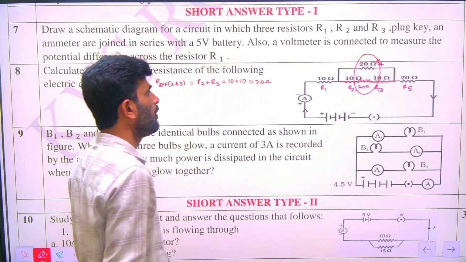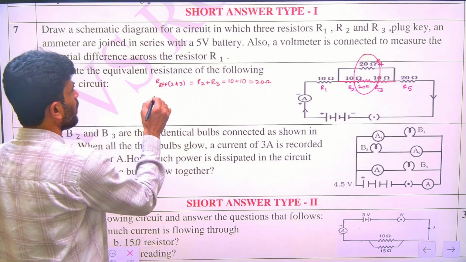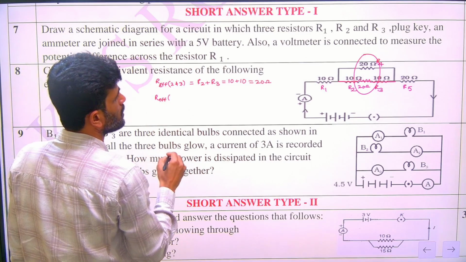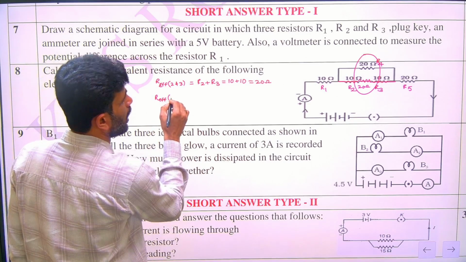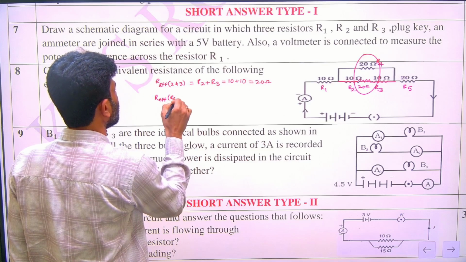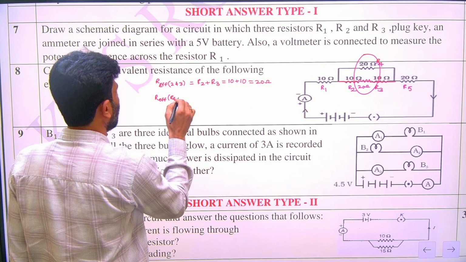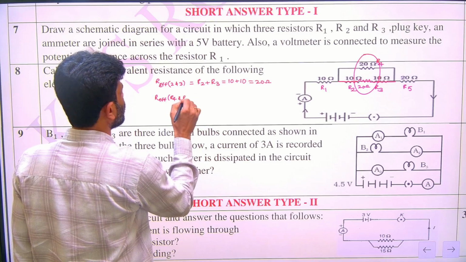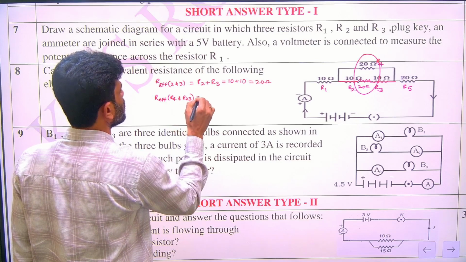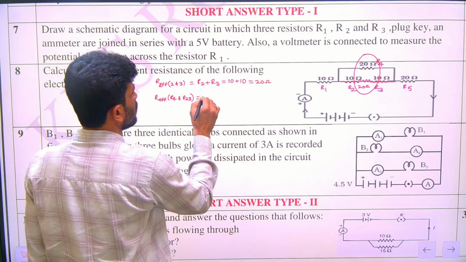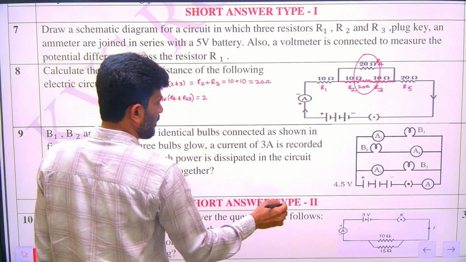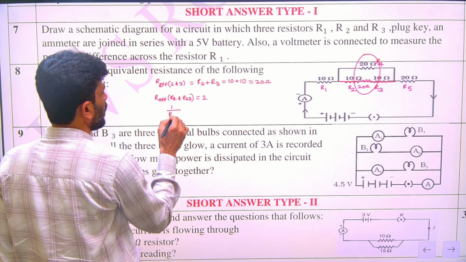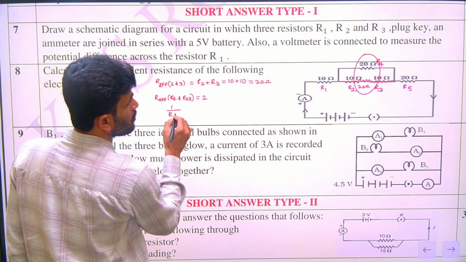They are both in parallel. So now the effective resistance of R4 and R23, 20 I am writing directly. We cannot write it like this, so 1 by R234.